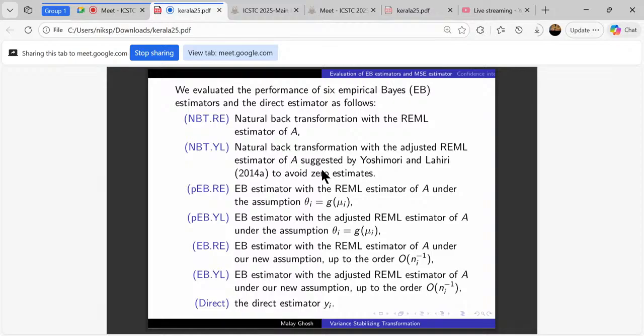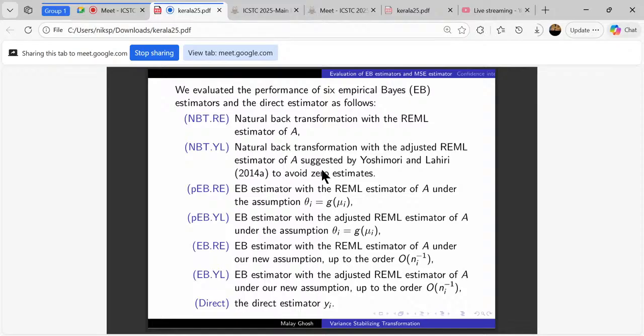Now she is Hiroshi. Okay, same person. And Partha Lahiri, one of my famous students, devoted his whole life to small area estimation. Very famous guy. And in the estimator of A under the assumption theta is g of mu, which is not quite right, etc. All those things. And so there are several things.